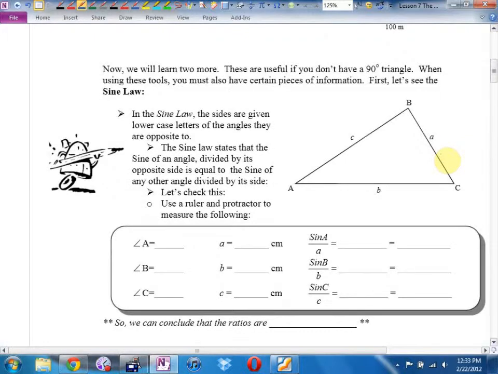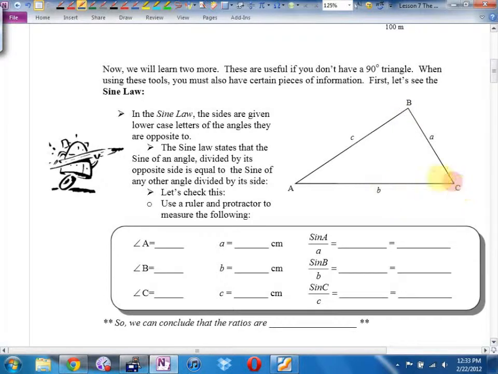I have to teach you some new naming. We can't use opposite, adjacent, and hypotenuse anymore because, if there's no right angle, there's no hypotenuse. So here's what we're going to say from now on. If I call this angle right here capital A, the side across from it is little a. If I call this angle here capital B, the side across from it is little b.